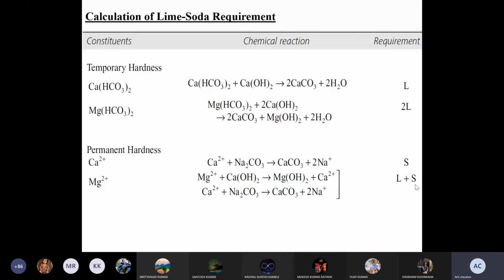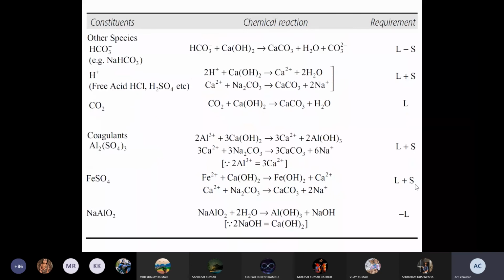They will also react, it is not that they will not react. So let's discuss these constituents which are also present in that particular water sample. Other species may be like sodium bicarbonate or potassium bicarbonate present inside that water sample.